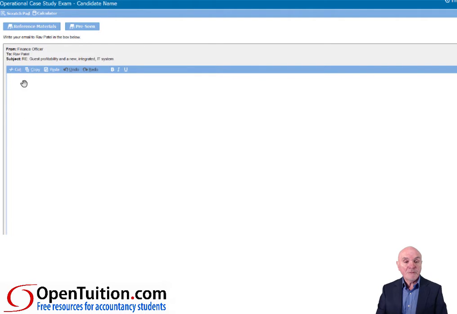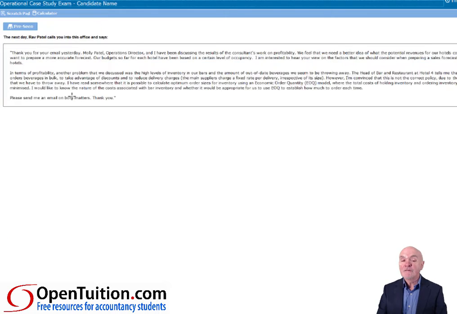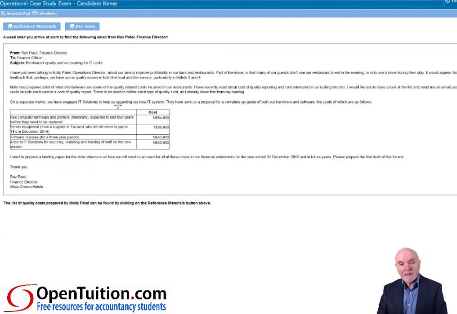And here's where you'll be typing it. This is a little word processing screen you have in here. You'll be typing away. You get your 45 minutes for that. And then you get on to here, it says the next day, Rev Patel called you into the office. There's another task here. Please send me an email on both matters as soon as you can. And then you type it in there.